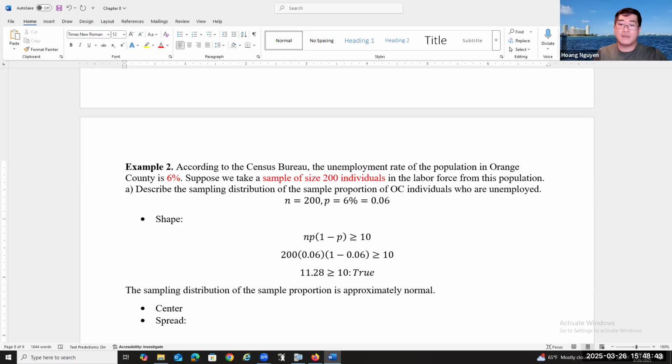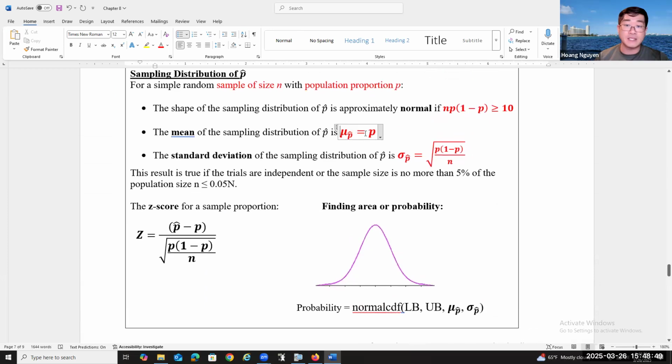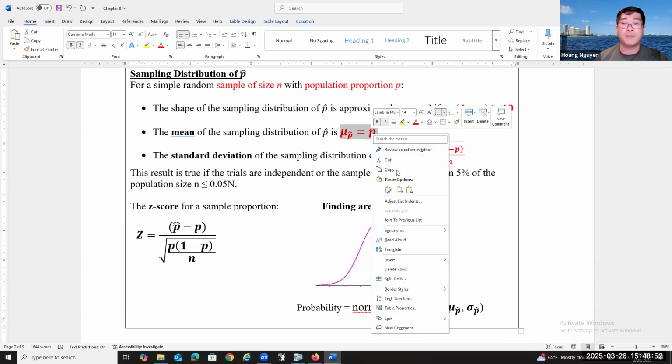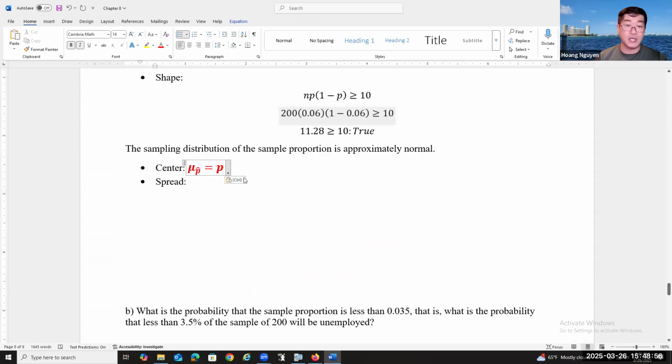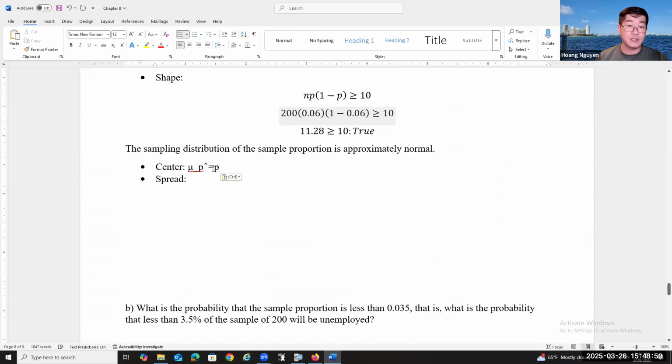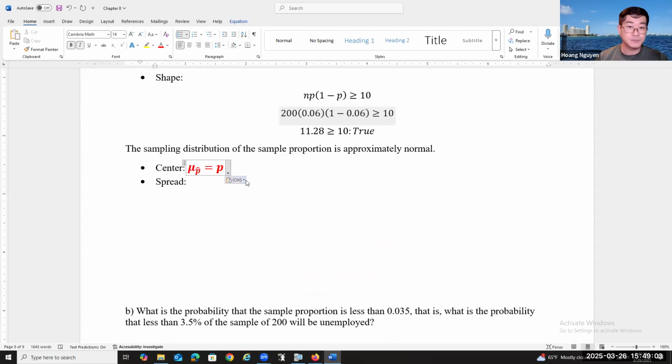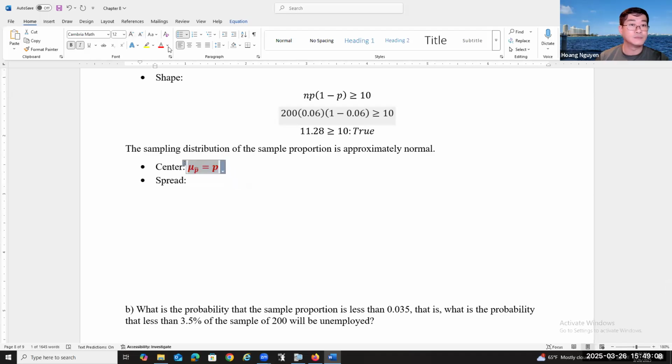So whenever we know that the distribution is normal, we need to show the mean or the center, right? So the mean of the sample proportion equals the population proportion.